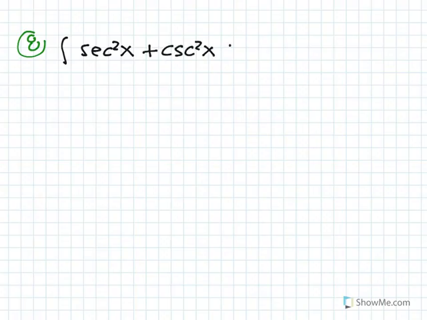All right, let's look at question number 8. Here we have the integral of secant squared x plus cosecant squared x plus sec x tan x dx. Let's split up the integrals.